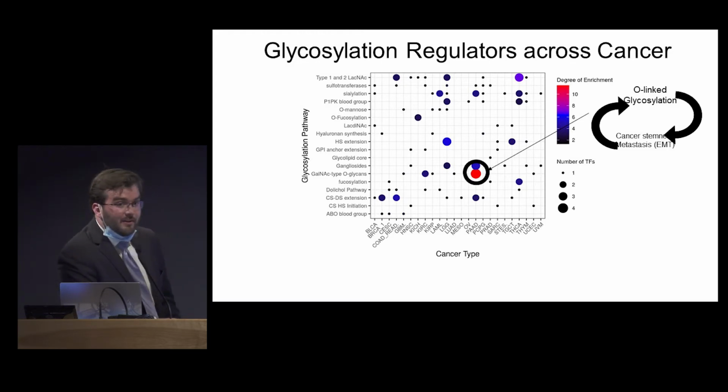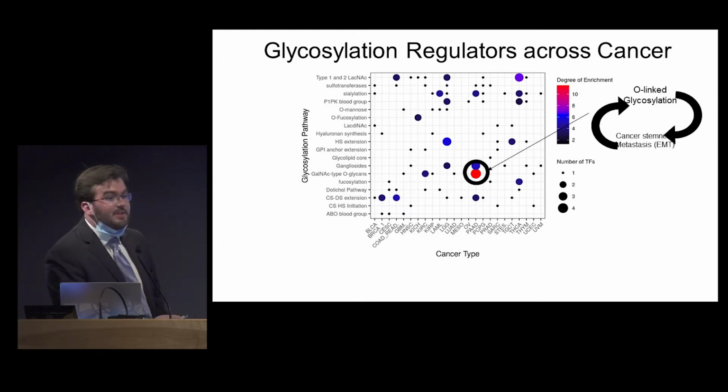Now, when you go back to the literature, and we have collaborators in Nebraska that work on this as well, they've identified two particular glycogenes that change upon cancer development. Once cancers develop through cancer stemness and EMT, they can change O-linked glycosylation.